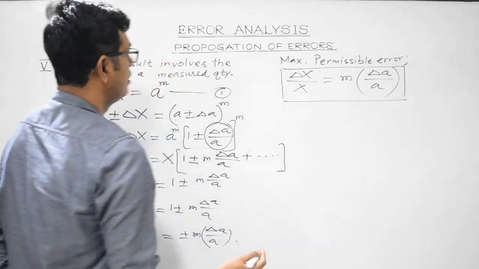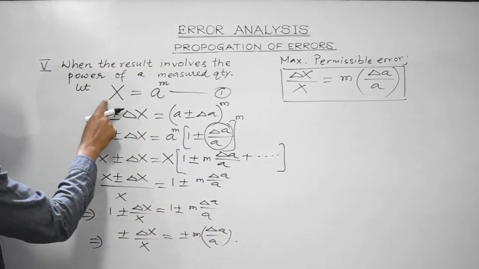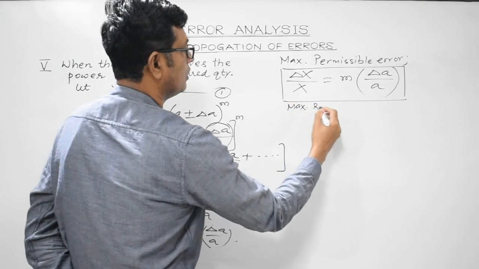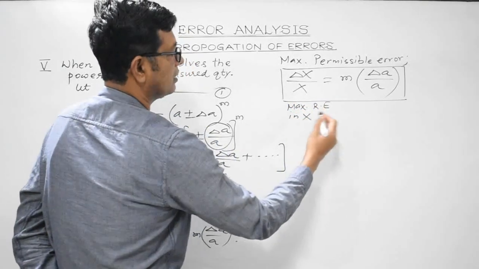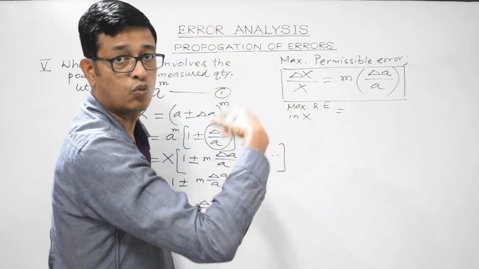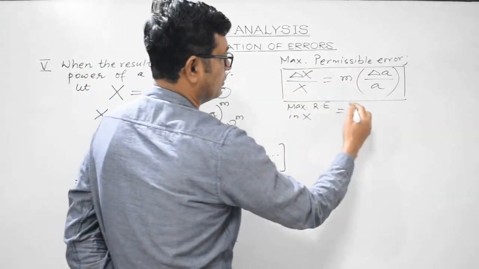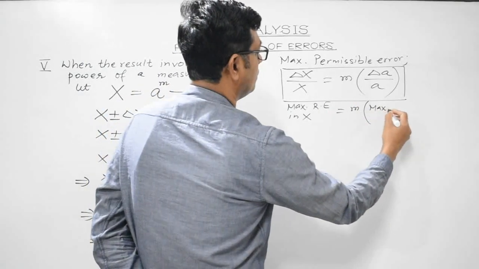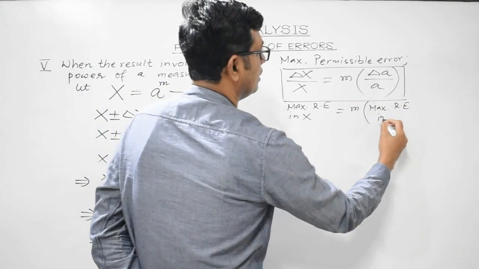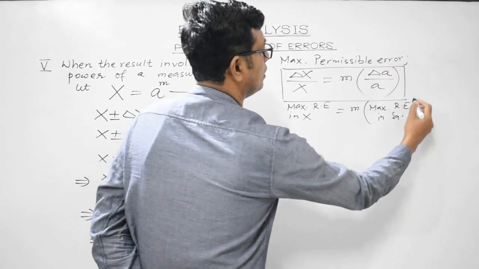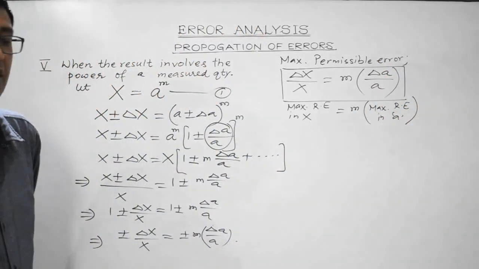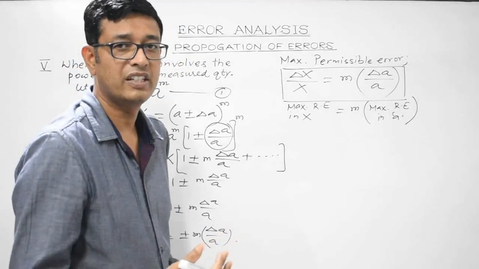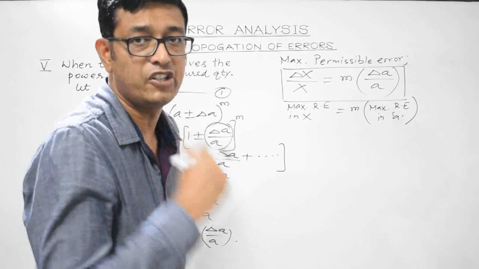So what's the conclusion? Whenever the result involves the power of a measured quantity, then the maximum relative error in the result is given by whatever be the power times, here power is m, so m times the maximum relative error in the measured value. Right? This is the conclusion. And as I have suggested, if you multiply it by 100, then the conclusion can be stated also in terms of percentage error.